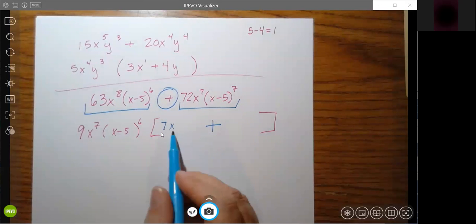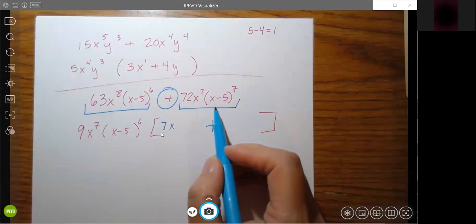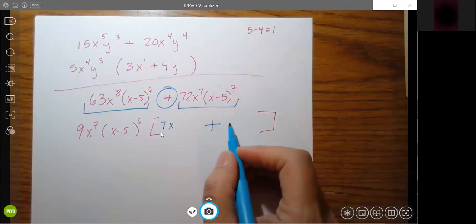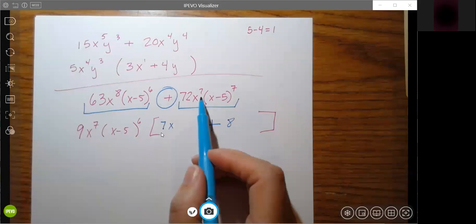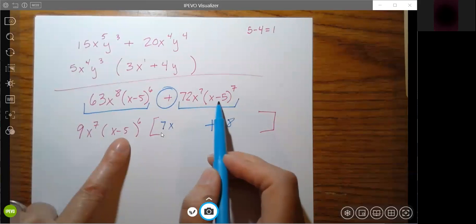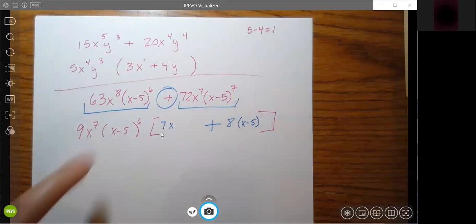None. Okay, 72, we took out the 9. What is it? 8. Okay. And then x to the 7th, all of them pulled out. How many of these factors are left? 1. X minus 5 to the 1st.